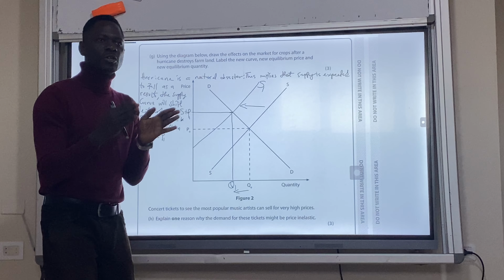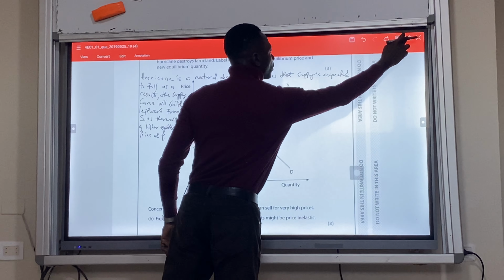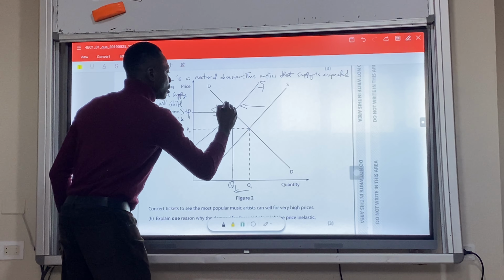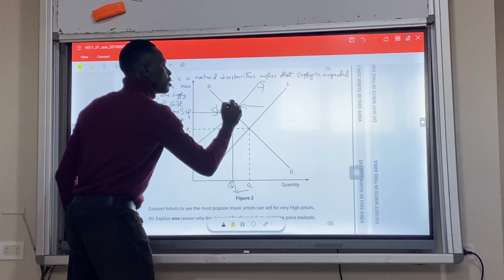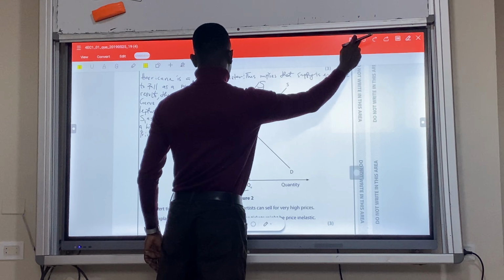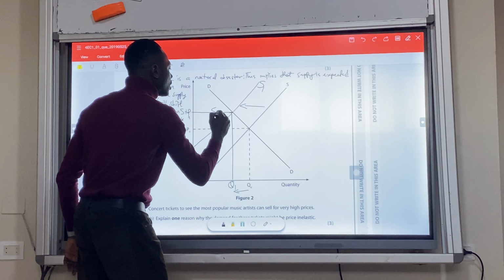As soon as supply reduces, there will be shortage, yes or no? If supply reduces, it brings about shortage. No, sorry, scarcity, sorry. It brings about scarcity.